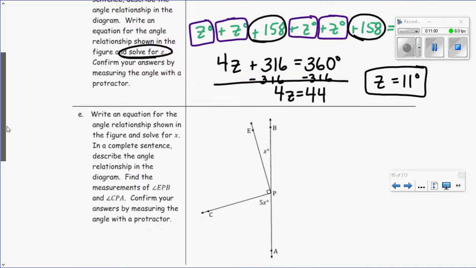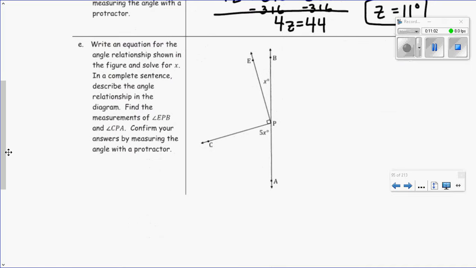Okay, the last one in the opening exercises is E, and I see that I have x, I see that I have 90, and I see that I have 5x. I also see that those three make a straight line. So if x, 90, and 5x make a straight line, then they all equal 180.